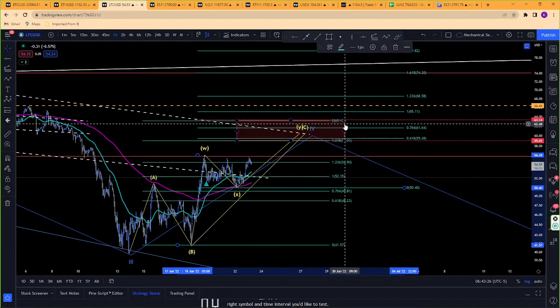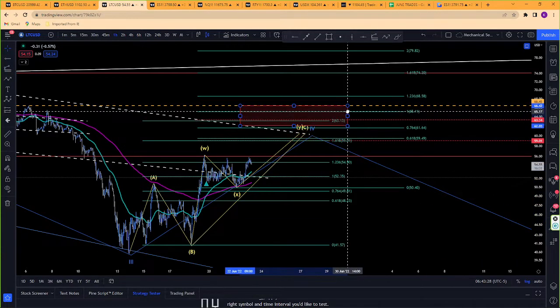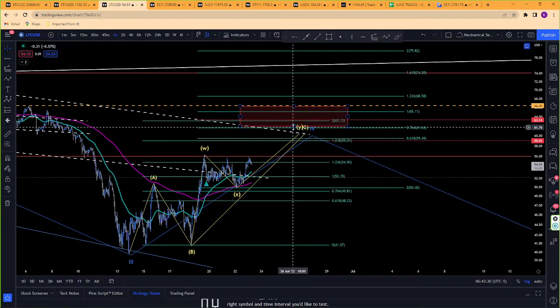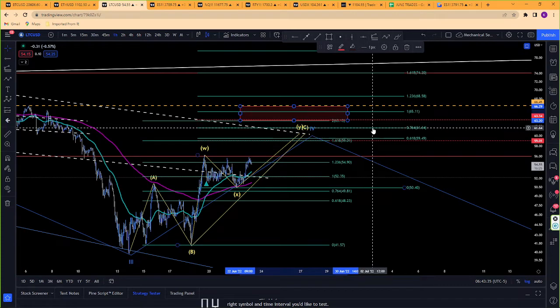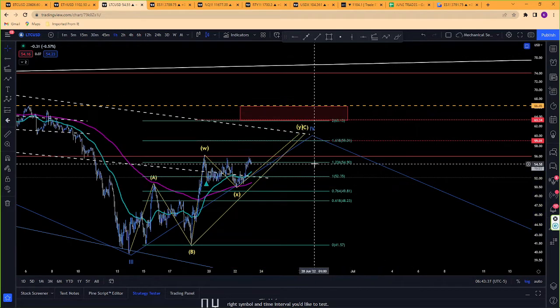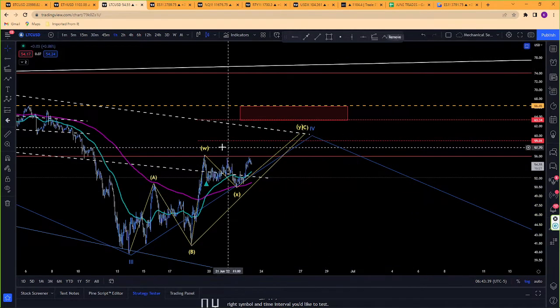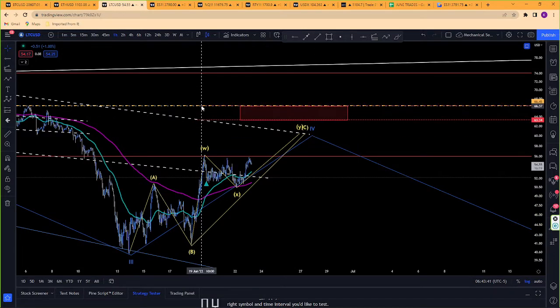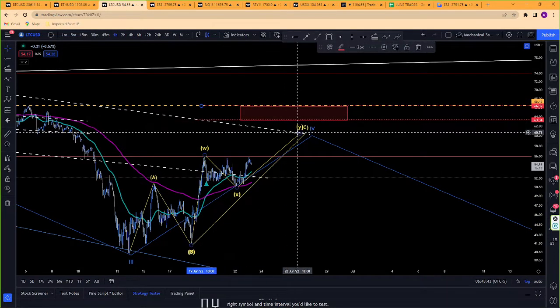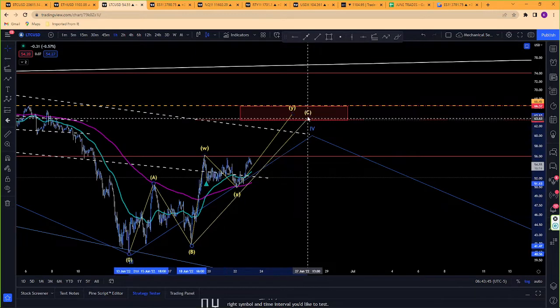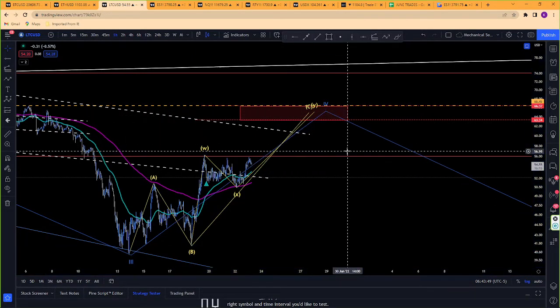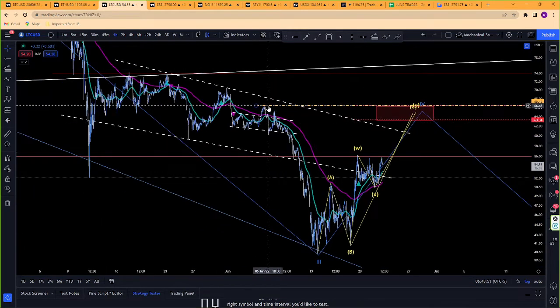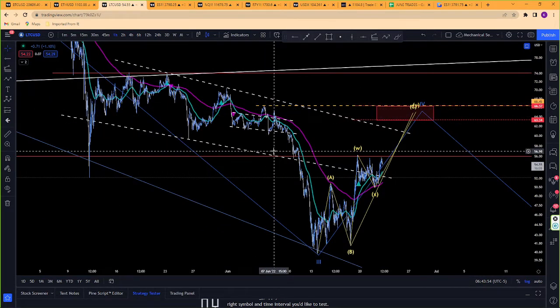There you go, right up to our resistance line. I'm glad we didn't try to trade this one yet, guys, because this is doing some really wonky stuff. We're going to come back and test this in the validation zone. It's coming.